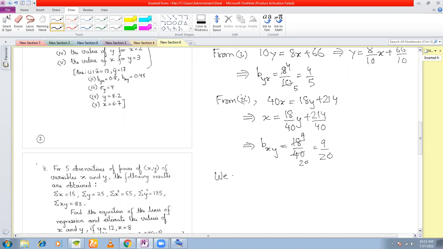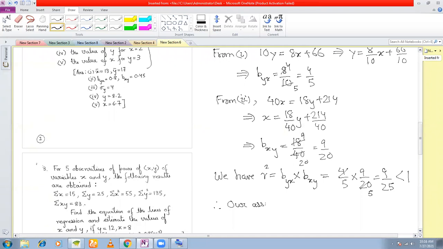Now we shall check whether our assumption is correct or not. So we have r square is equal to byx into bxy, which is equal to 4 by 5 into 9 by 20. We can cancel this here. We get 9 by 25, which is less than 1, right? So therefore our assumption is correct.